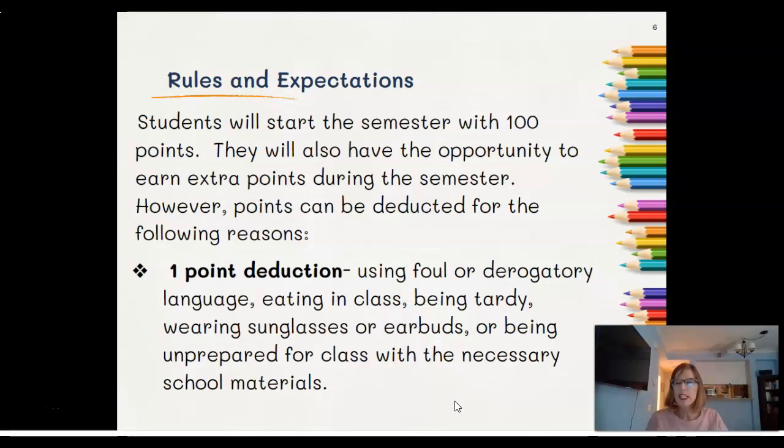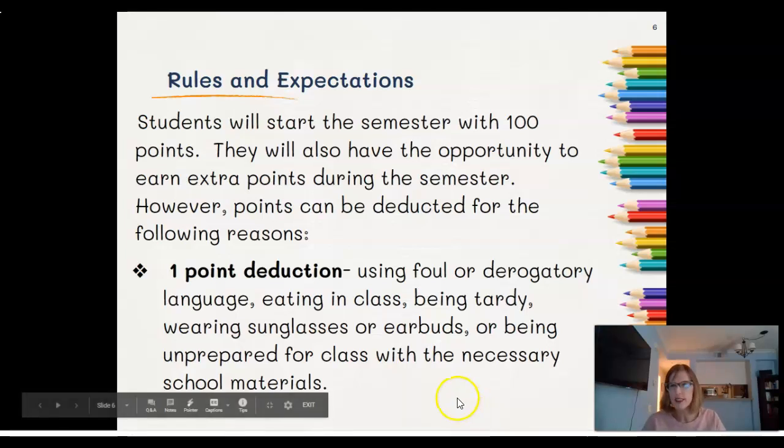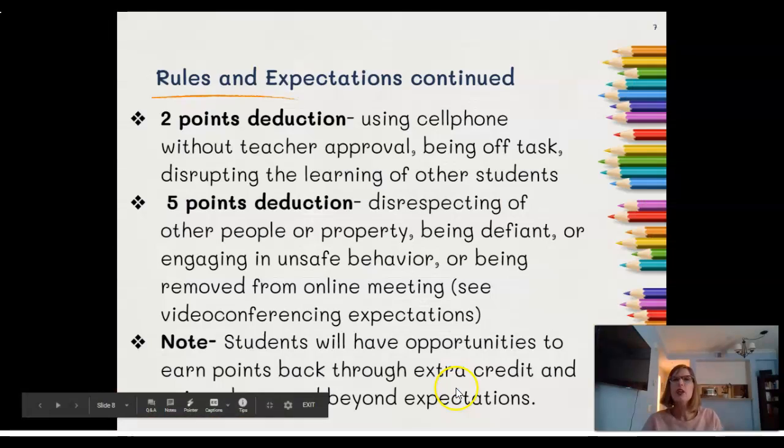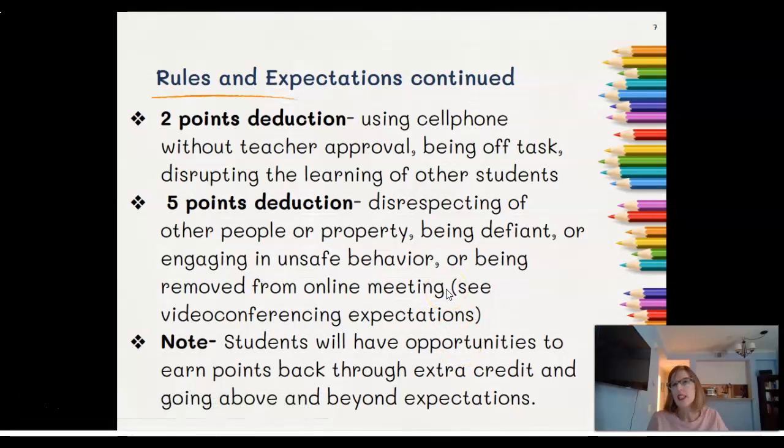A minus 1 point is just for small infractions. And then it increases to 2 points, and those are maybe you're distracting the class. They're not as serious, but still disruptive to the classroom environment. So maybe socializing or off task or having their earbuds in.